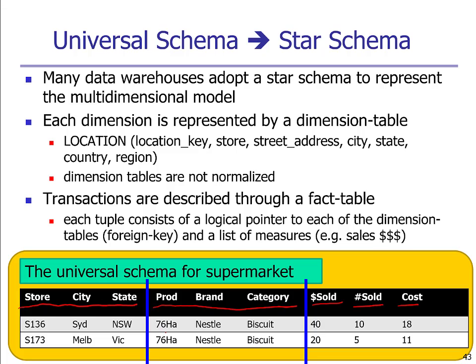If we do that, we do not need to record two records here because they are identical within this subtable. So by doing so, we can save space. But for the third one, we cannot only record dollar sold, number sold, and cost, because we need to know which store, the information about the location, and which product, the information of the product.